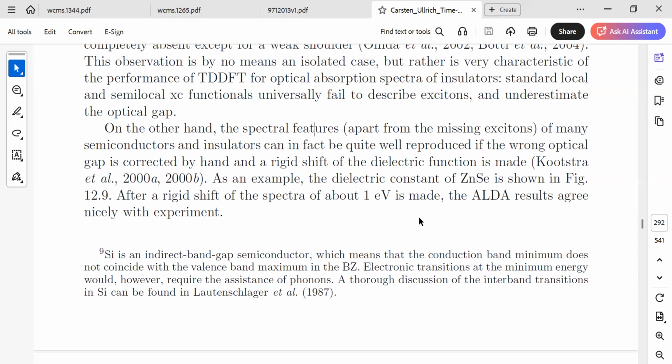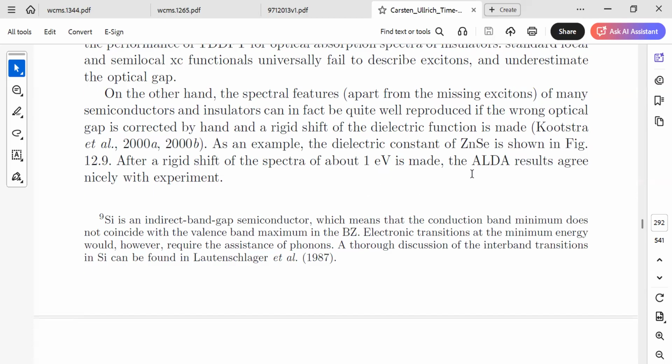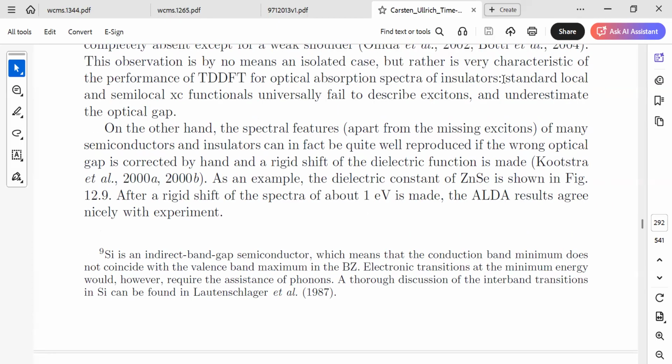This is also an important point to understand, because sometimes we use the same standard local and semi-local exchange correlation functional, but for the underestimation of the band gap, we correct it by hand.